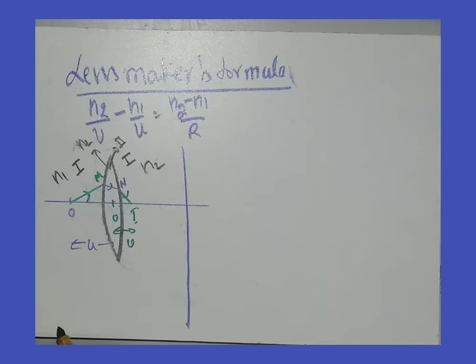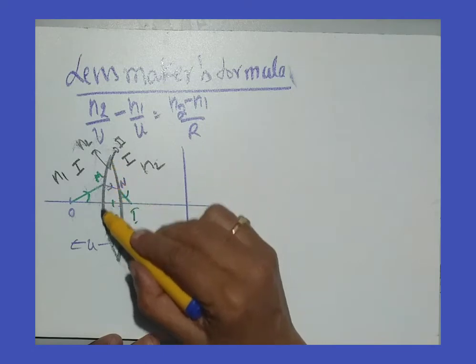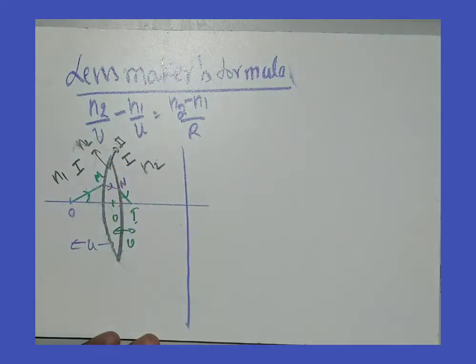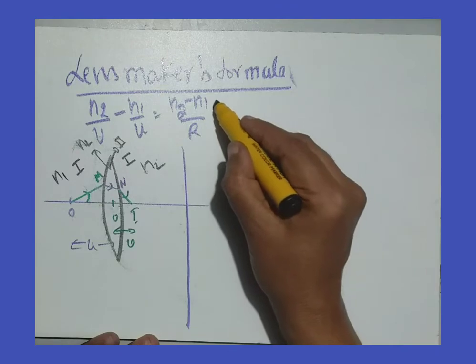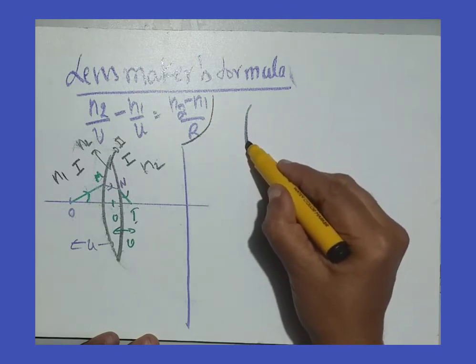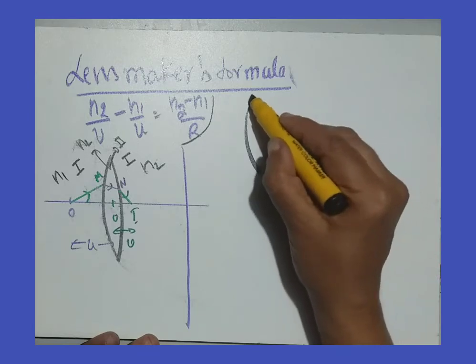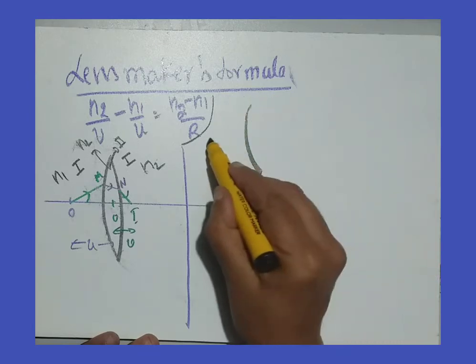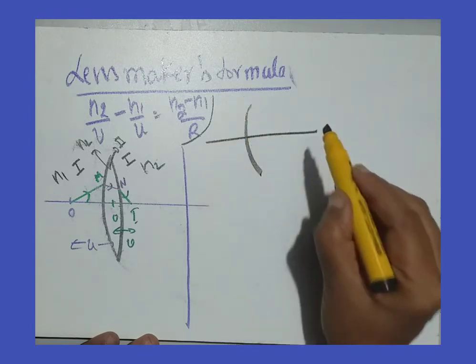How we go for it? We do this in two steps. First step is to consider only first surface, that is left side surface, and left of that surface is surrounding medium. To the right we have only the lens medium. I write like this. Just imagine this is the left side face and this is the principal axis.